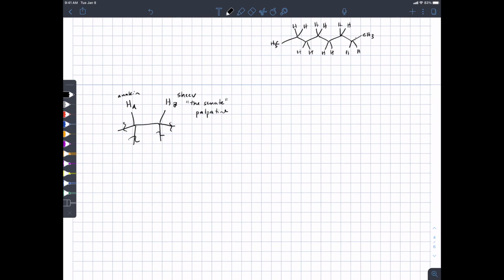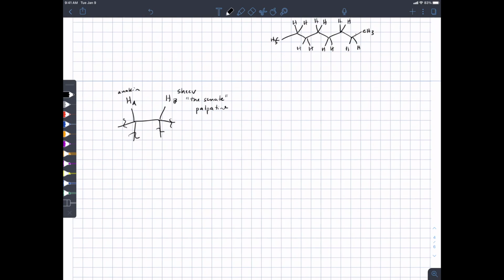Both of these are magnets, right? Both of these experience the external magnetic field, but they each have their own magnetic field that can influence nearby protons. So let's imagine that we're asking what resonance frequencies proton A can have. There are two different environments proton A can experience, right? Proton A can experience the external magnetic field plus the little field that B contributes.